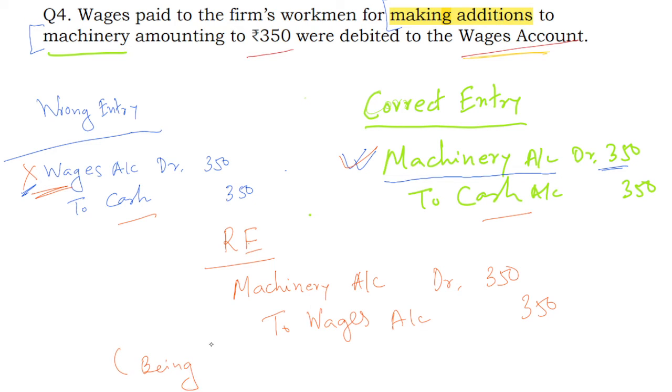Being additions to machinery, additions to machinery wrongly debited to wages account, now rectified. Okay, so this is the rectification entry.